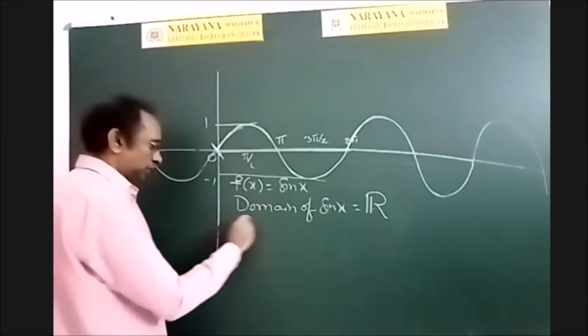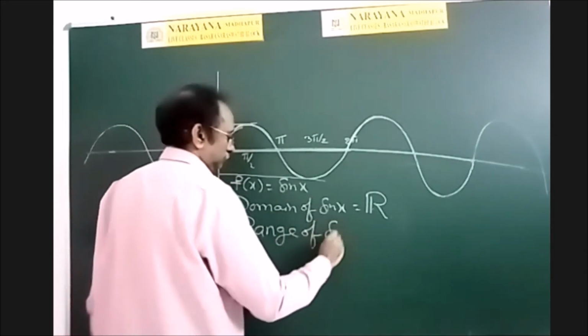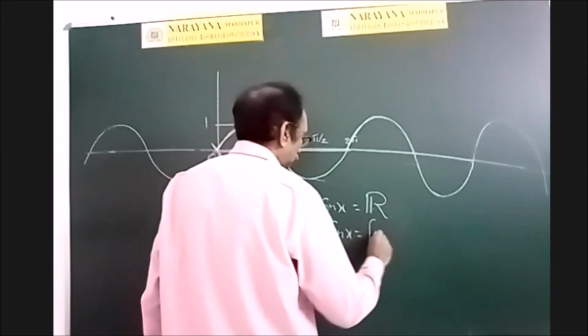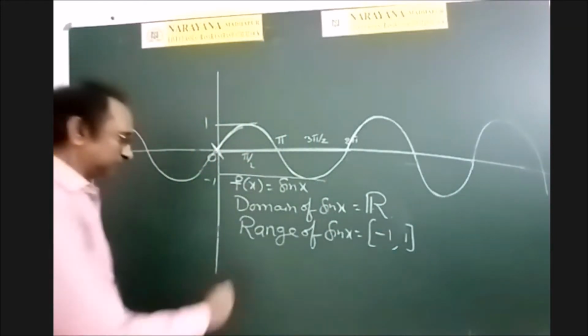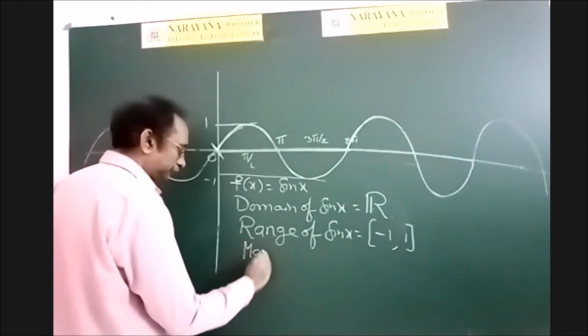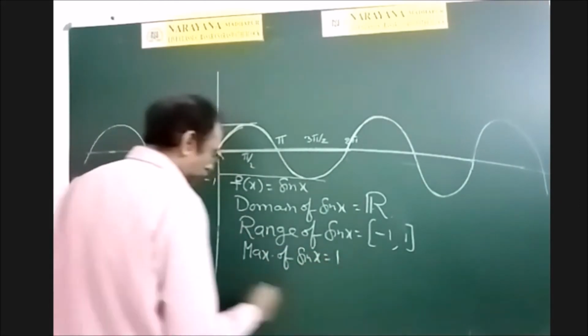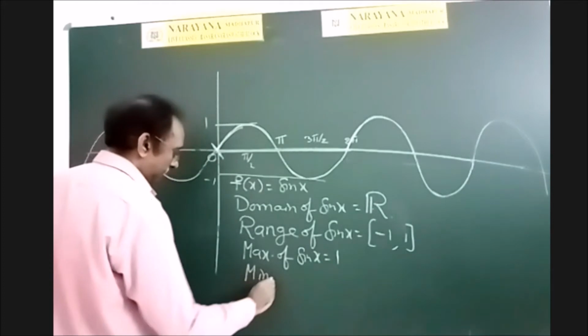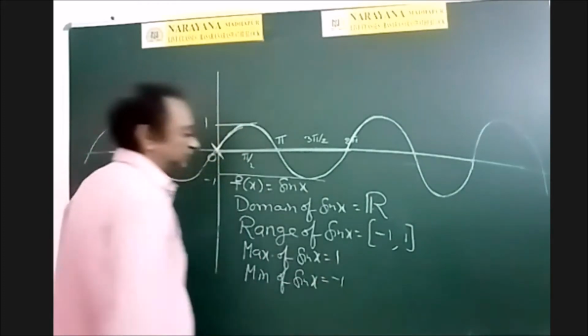Therefore, the range of sin x is minus 1 to 1. That means the maximum of sin x is equal to 1, and the minimum of sin x is equal to minus 1.